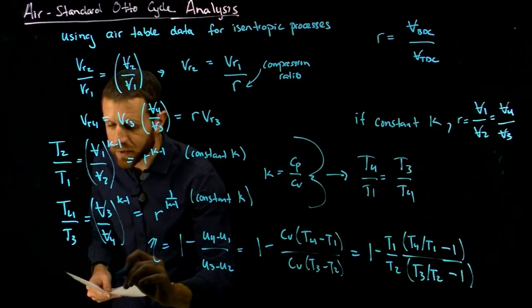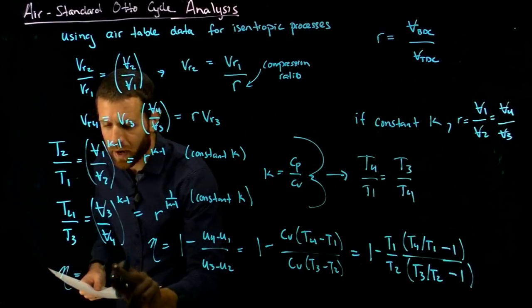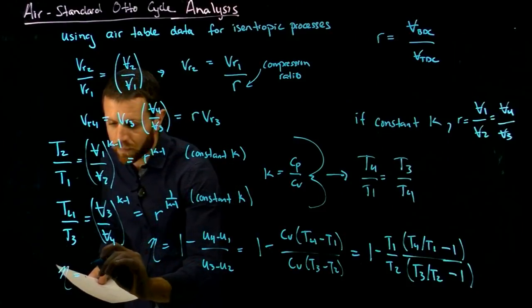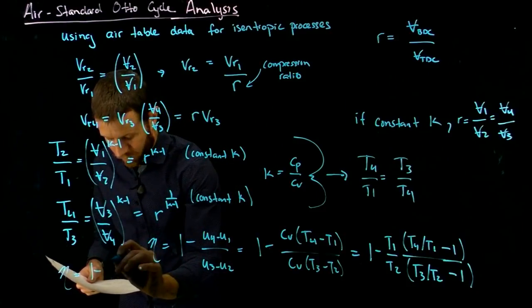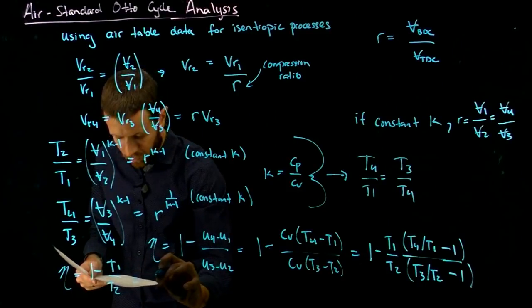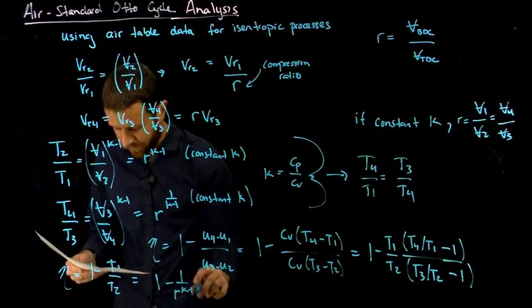So I can write my efficiency, see if we can get it on the board here. Eta will be equal to 1 minus T1 over T2, which will be equal to 1 minus 1 over r to the k minus 1.